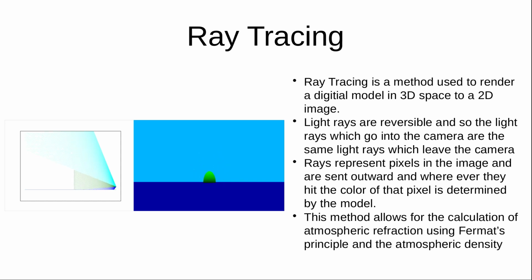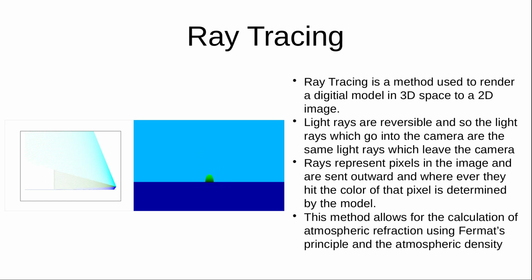Now, why is it that the light that I'm simulating is coming out of the camera instead of going in? Well, it turns out that light is actually a reversible process, meaning I can flip the direction of time and go backwards, and the trajectory of all those light rays will go in the opposite direction, as if the light was emanating from the camera.